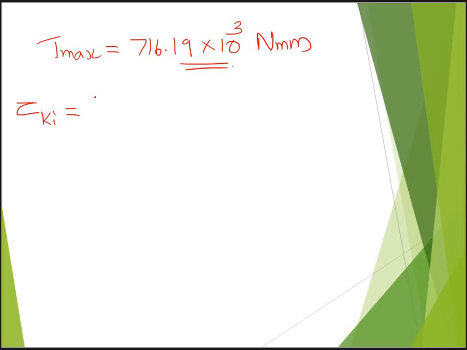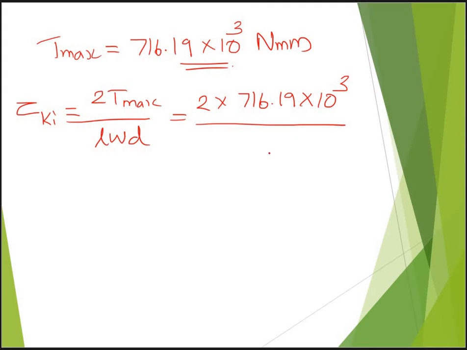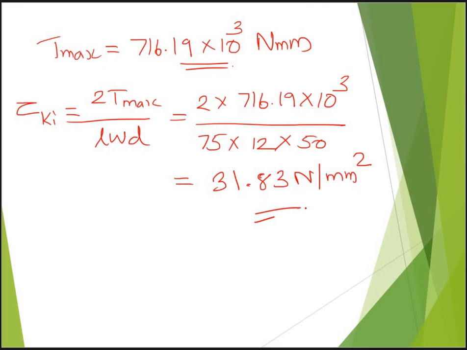Tau Ki is equal to 2 T max divided by LWD, which is 2 into 716.19 into 10 raised to 3 divided by length of the key 75 into W 12 into diameter of the shaft 50, is equal to 31.83 Newton per mm square or megapascal.